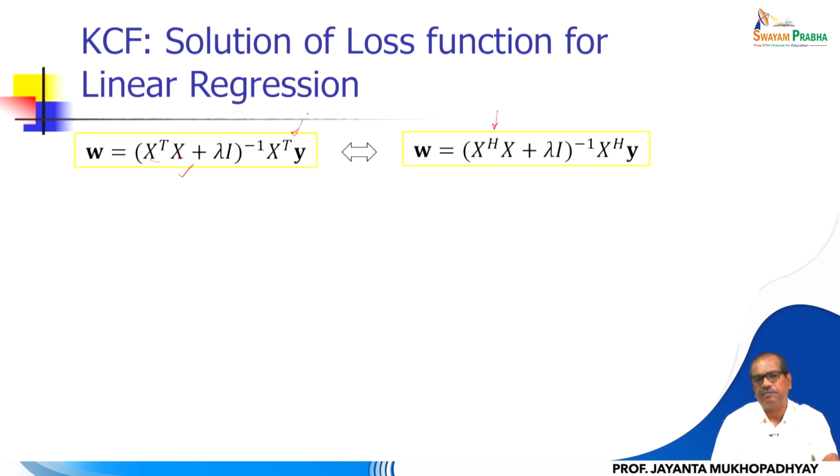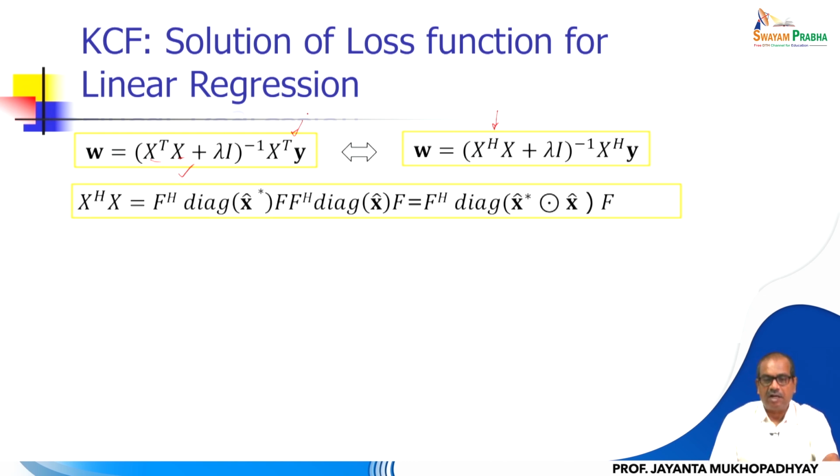Because when you are doing the Fourier transform, you consider the general case. So now, as we have discussed, this covariance matrix in the complex domain could be expressed in this form, and finally, as you can see, it is the inverse of the diagonal matrix formed by the pointwise multiplication of the Fourier transform of X using complex conjugate and this one.